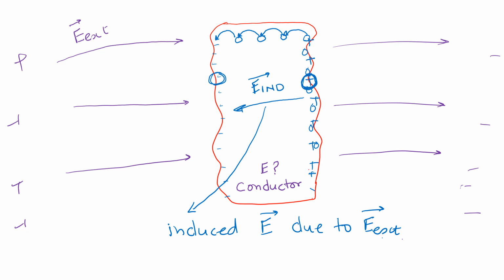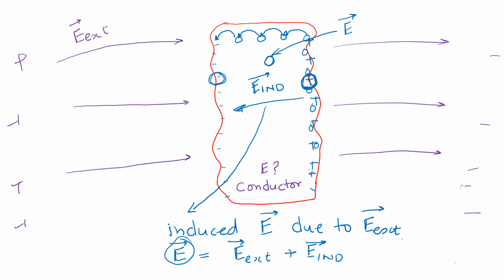The total field inside the conductor, at any point, would be the sum of the external field plus E induced. The electron which is sitting at an atom at a point here is going to see the total electric field I observe.